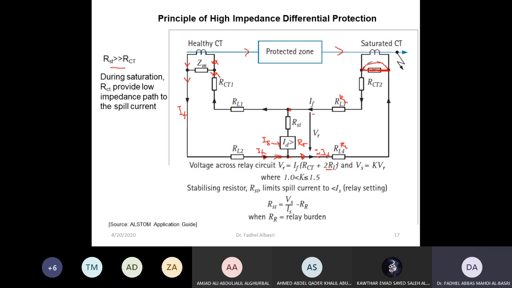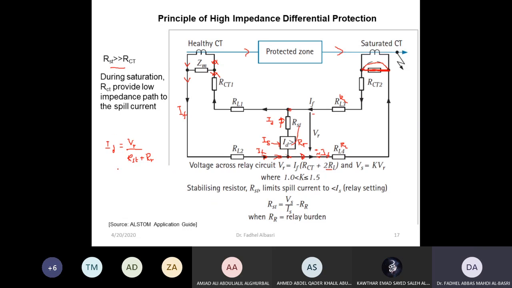Now, what is I differential? What is this current I differential? I differential, whether it's in this direction or this direction, doesn't matter, is equal to VR divided by the resistances of these two, which is R stabilizing, the stabilizing resistance, plus the resistance of the relay.